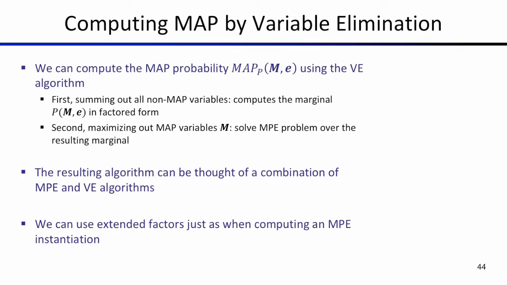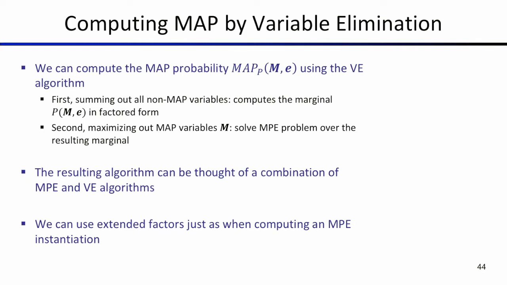So we can solve this problem also using variable elimination, pretty much like how we did with MPE. But the procedure for variable elimination using MPE was simpler, because all variables were part of the query, so we wanted to maximize all the variables that we had. Now we have some variables that we want to maximize, but other variables we want to eliminate by summation.